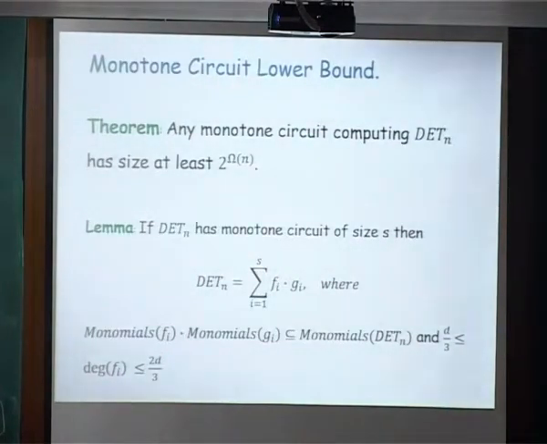These Fi's and Gi's are essentially polynomials computed at intermediate nodes in the circuit, and you can choose them in the following way: the degree of each Fi and Gi is between d by 3 and 2d by 3. And the number of summands that you get this way is at most the size of the circuit.